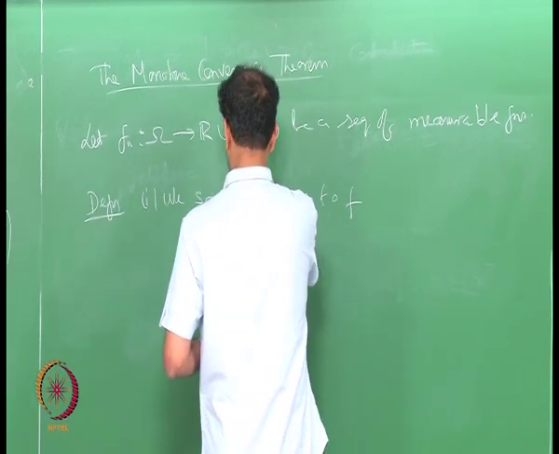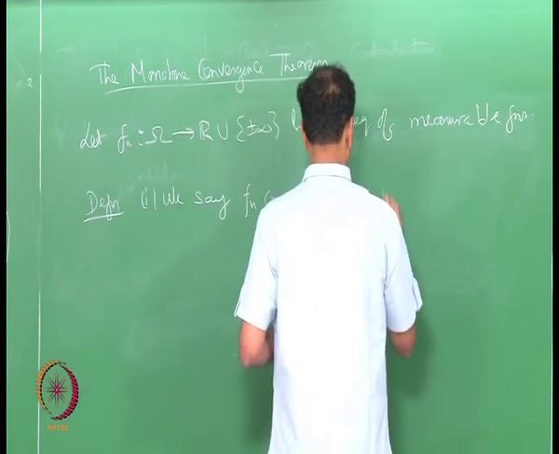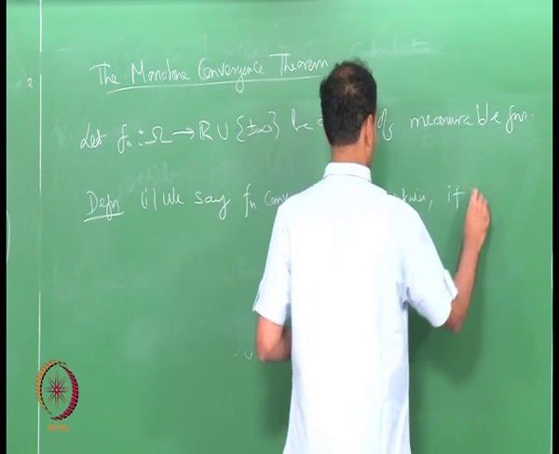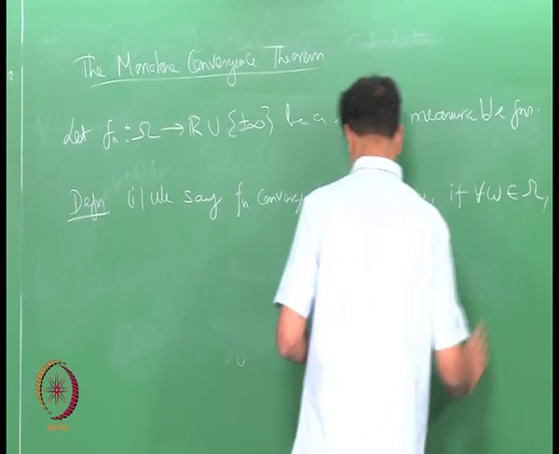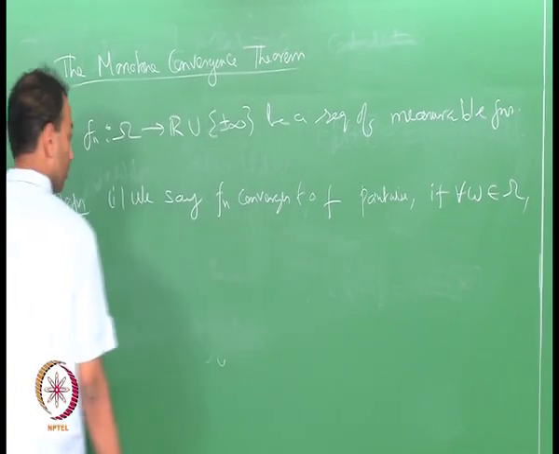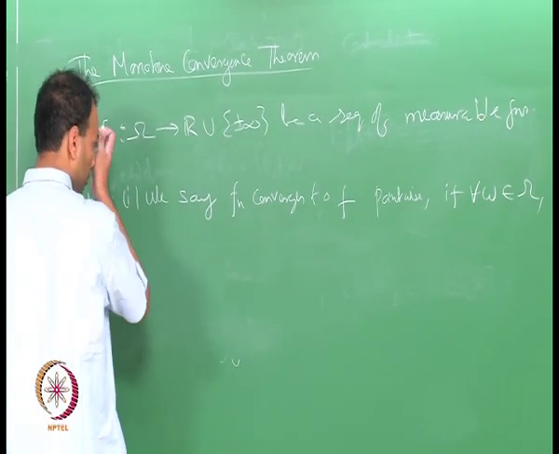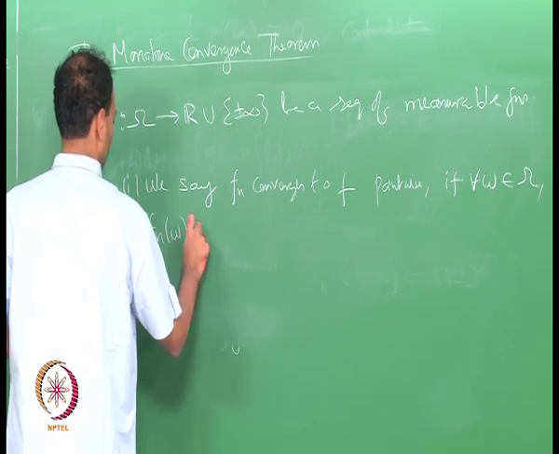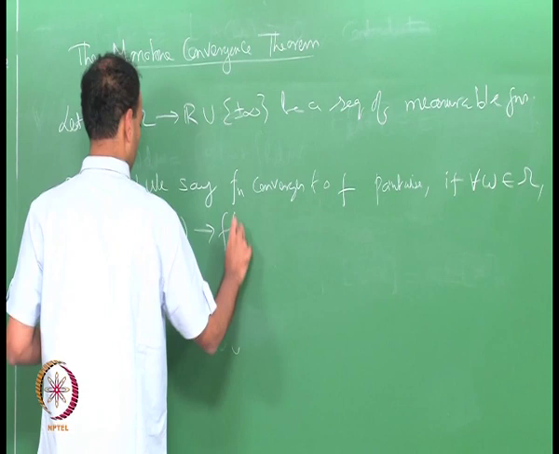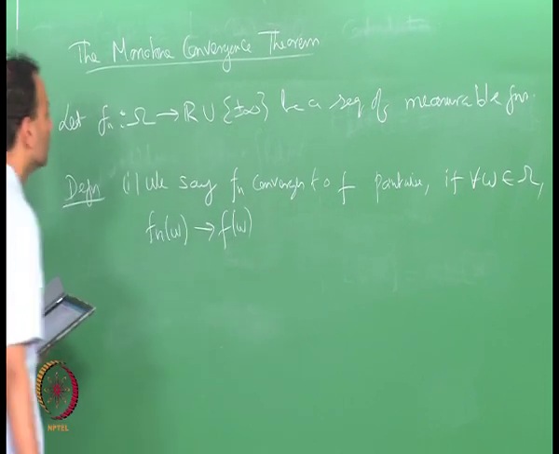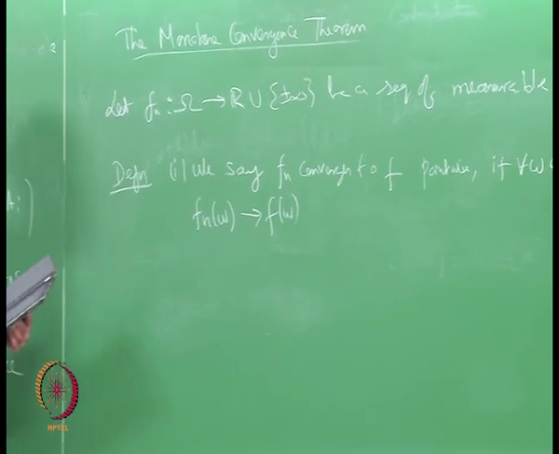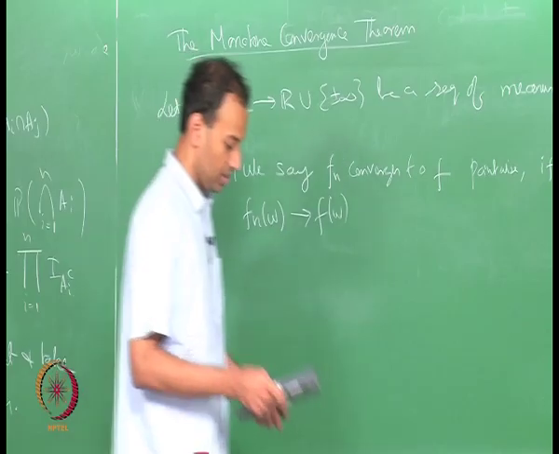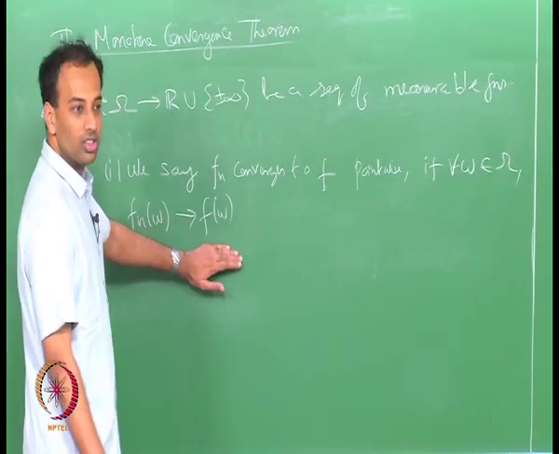We say f_n converges to f pointwise if for all omega in omega, f_n of omega converges to f of omega. So, pointwise convergence of functions is what this means.